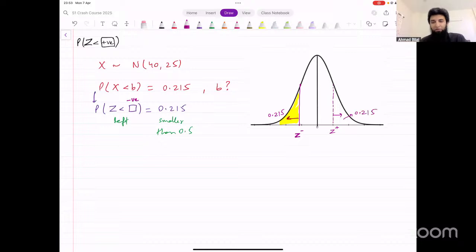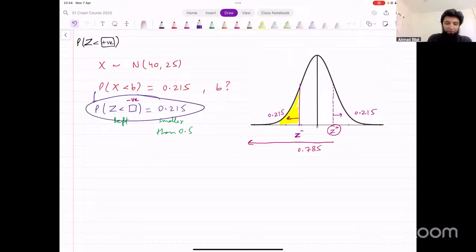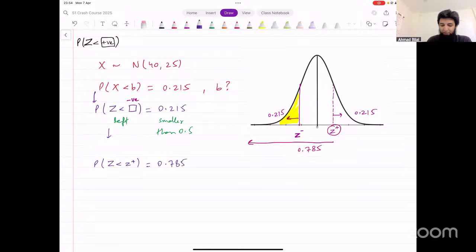If that's 0.215, then what about the area to the left of this positive z value? This whole region to the left of the positive z value is 1 minus 0.215, and that's 0.785. So we can say this is equivalent to the probability of z less than the positive z value being equal to 0.785.